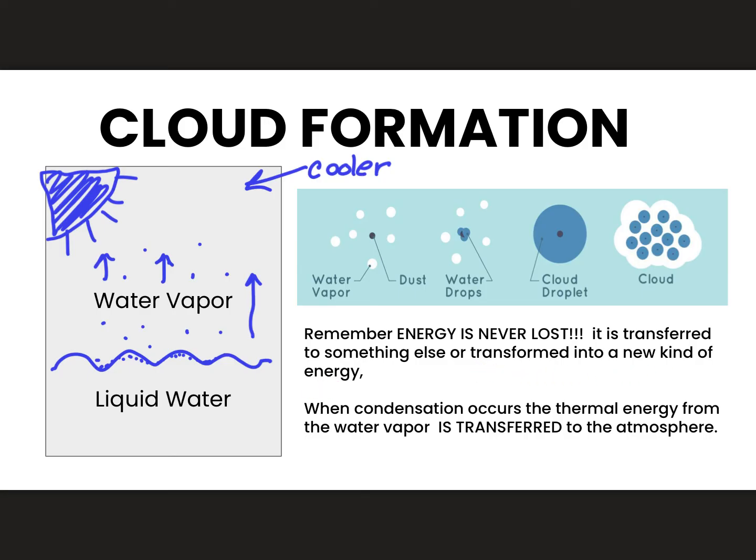So when this condensation occurs, the thermal energy from the water vapor is transferred to the atmosphere. So as this process is happening, thermal energy is being given off into the atmosphere. This also gives the atmosphere energy.